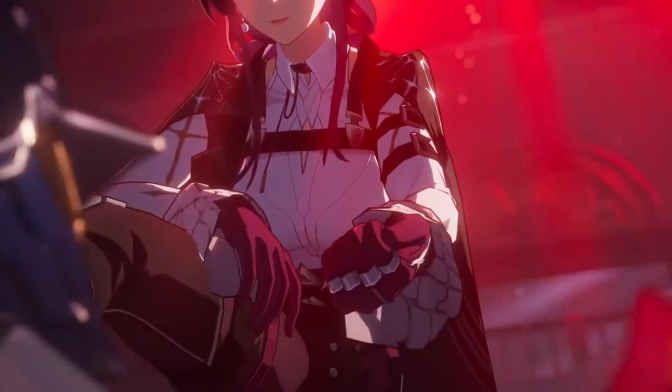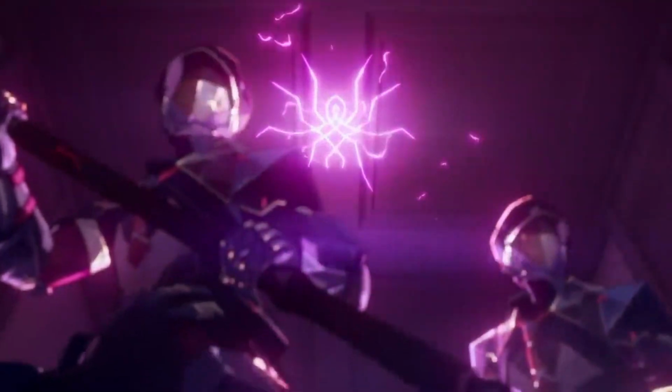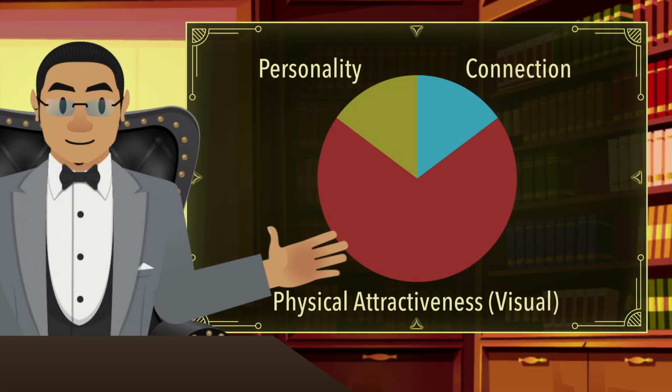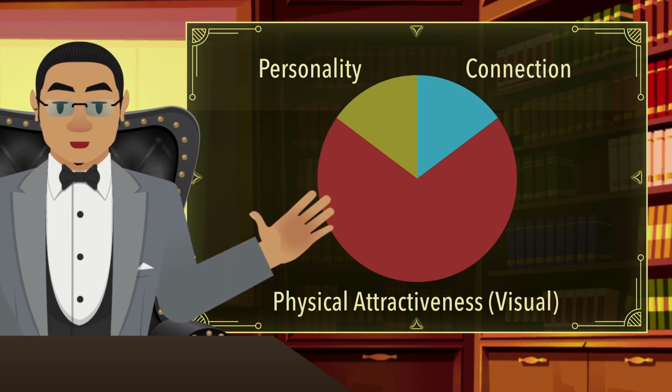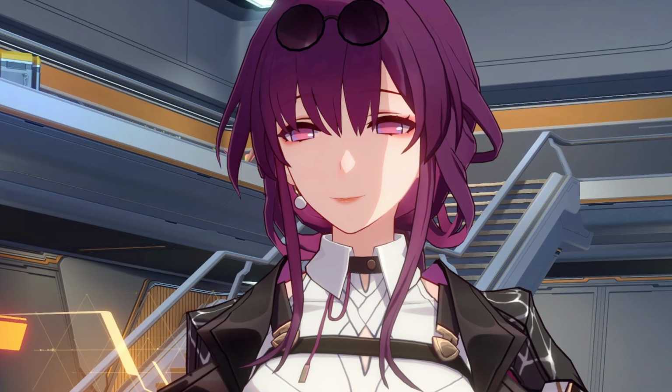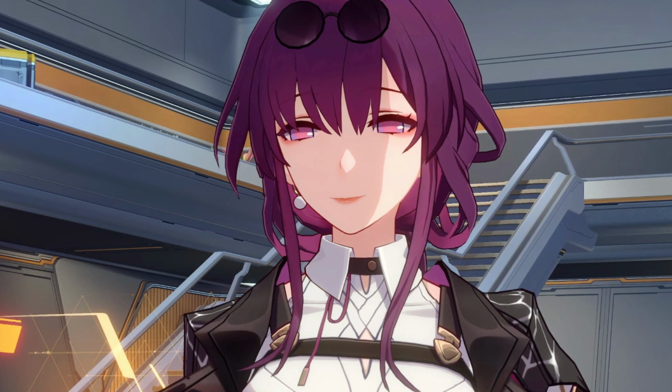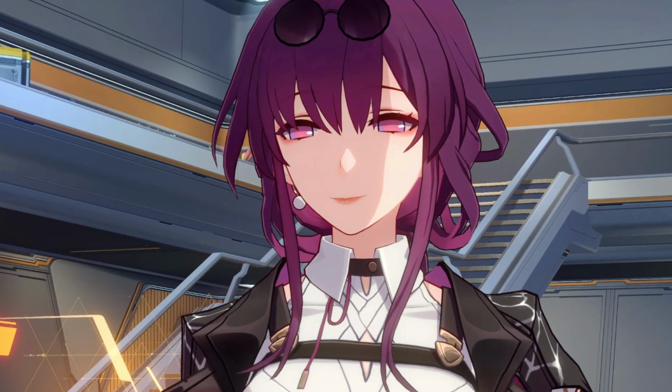This is an example of a top-tier visual design. As I mentioned before, the trinity of waifu design is good looks, interesting personality, and connection to the players. The biggest challenge waifu designers face, however, is that people have different preferences. As great as her design is, Kafka may not appeal to everyone.